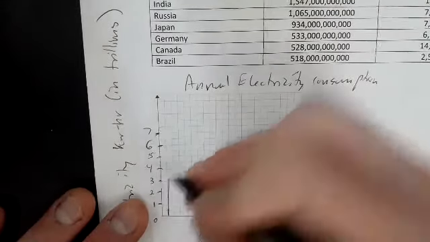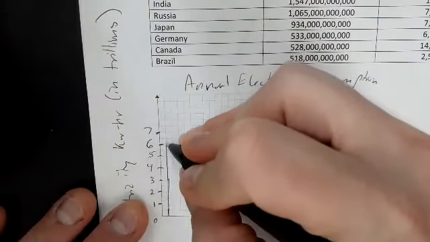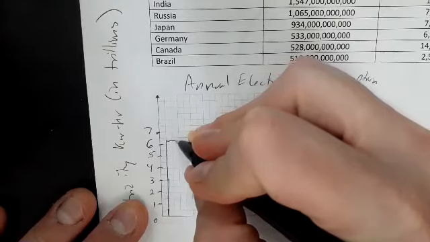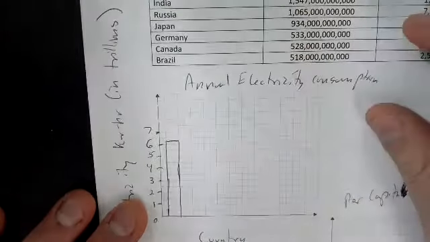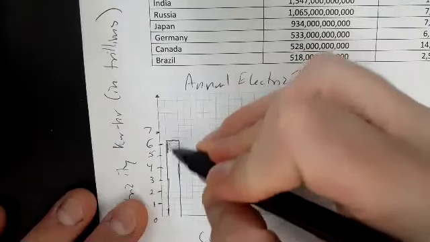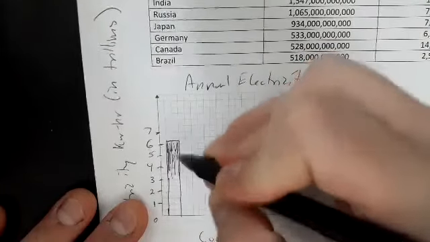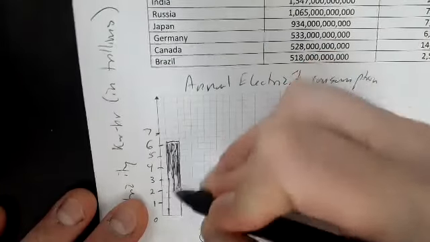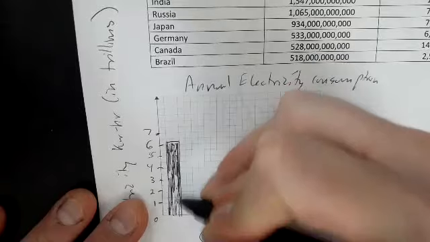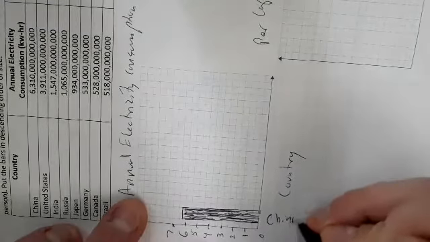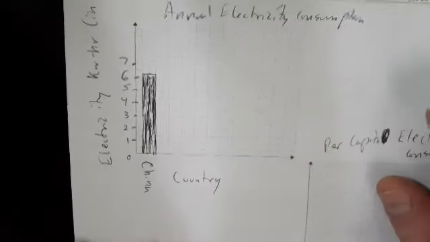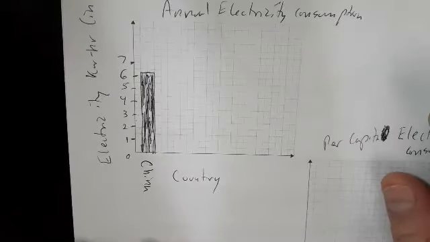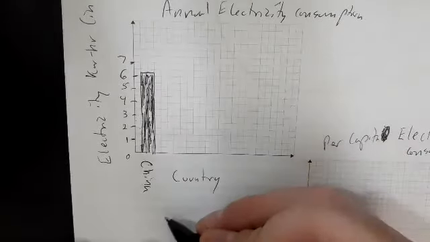So if I want to do a bar for China, I'm bringing it up a little bit over the 6, not quite to the 6.5. So I draw my bar, and I'll go ahead and shade my bar in. And I'll put my axis label of China. So that one represents China. I might have written country too soon. I probably should have written it further down here.